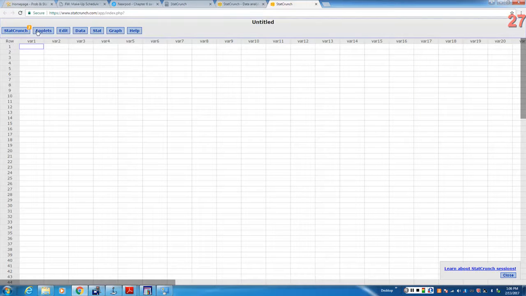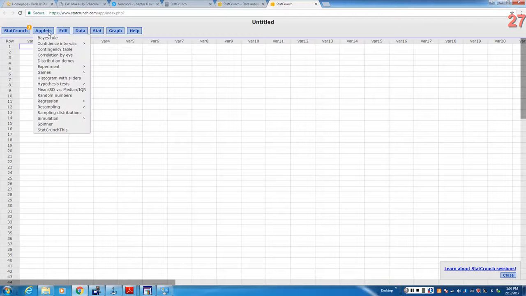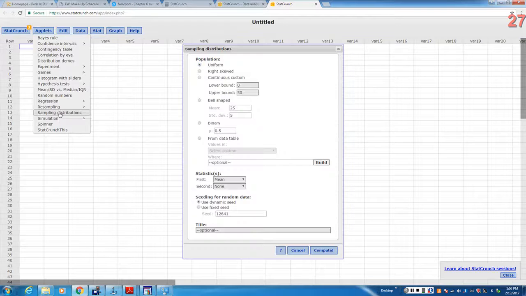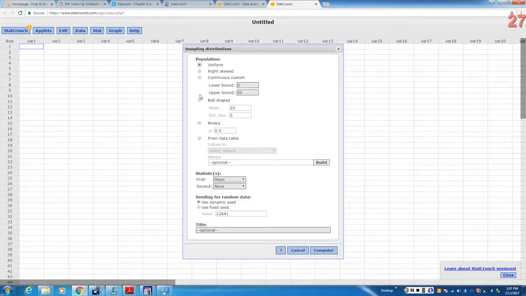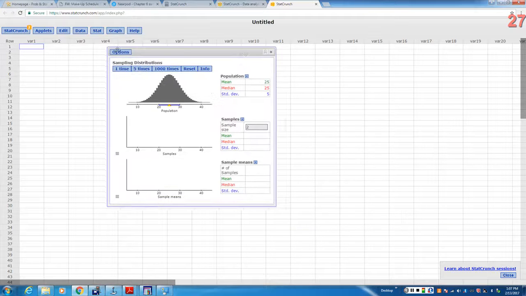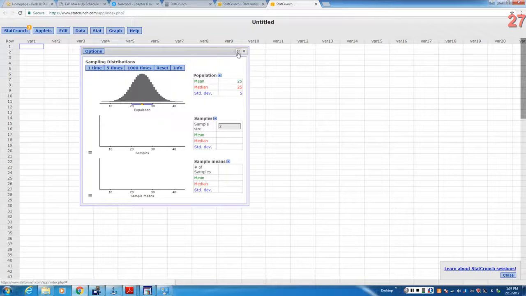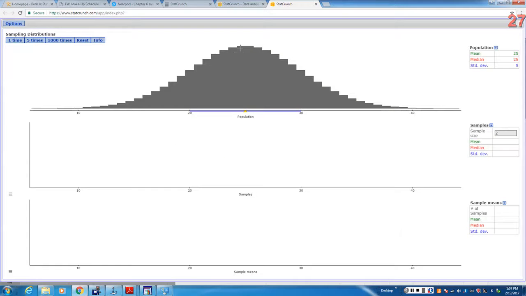What does that look like to you? What does that figure look like to you?